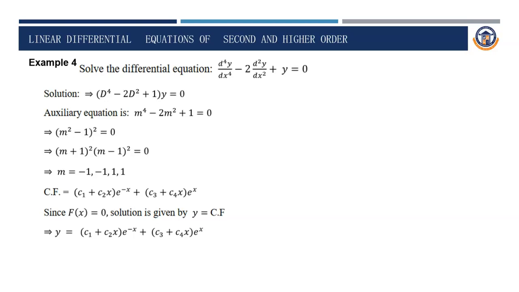If we solve this equation, m has 4 values: minus 1, minus 1 and plus 1, plus 1. So these two roots are repeated, minus 1 and 1. Therefore the complementary function is C1 plus C2x e power minus x plus C3 plus C4x e to the power plus x. So this is the solution.